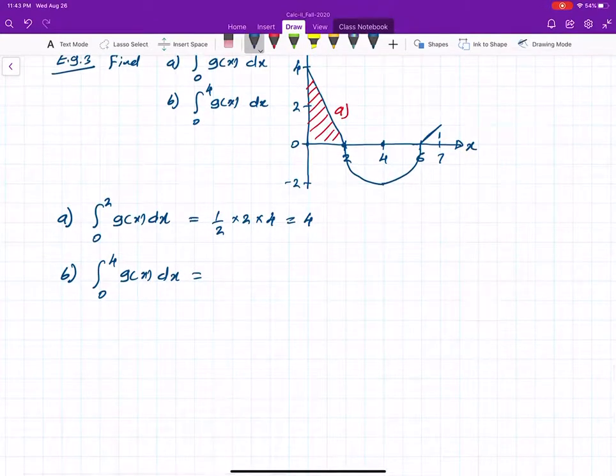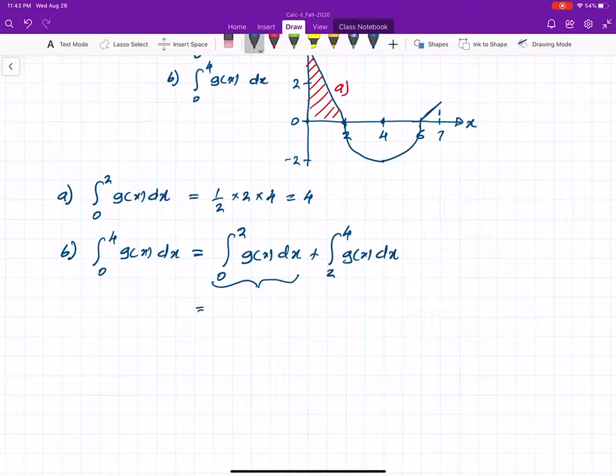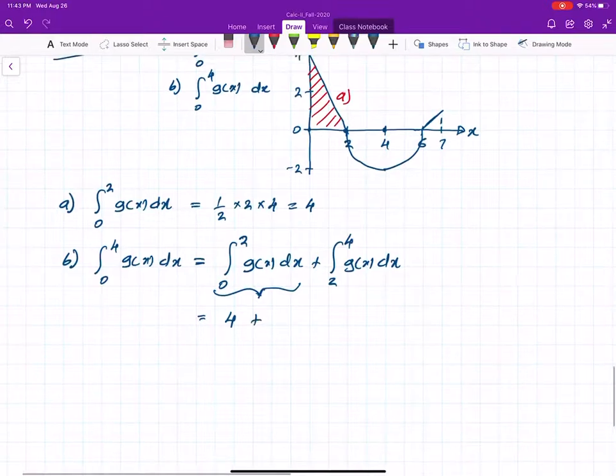So I'm going to split this into two problems because the curve changes at x equals 2. So I'm going to split this like 0 to 2 of g of x dx plus from 2 to 4 of g of x dx. This part is already found in part A, which is 4.